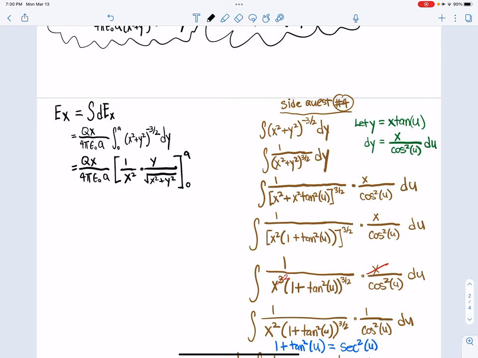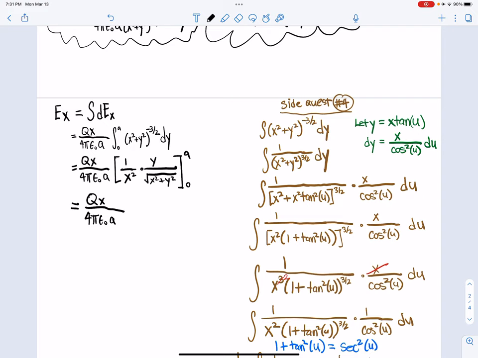So obviously we plug in a for any y terms, and then minus, we plug in 0 for all the y terms, right? So then that becomes equal to qx divided by 4 pi epsilon naught times a.